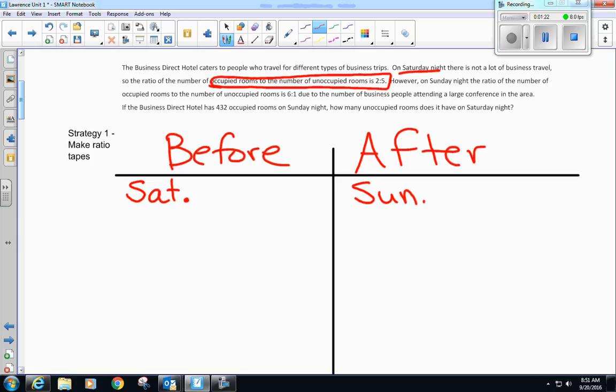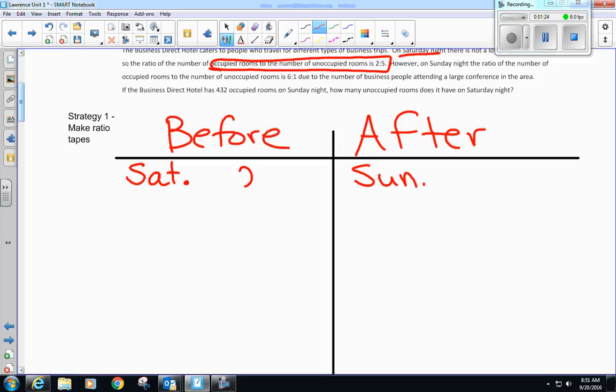And then let's draw. It's 2 to 5 on Saturday night. That's where it starts. I would put it down here also in the lower part just because that way you've pulled it out of the question. And then it's occupied to unoccupied, so I'm going to use O and U. Don't be tricky.